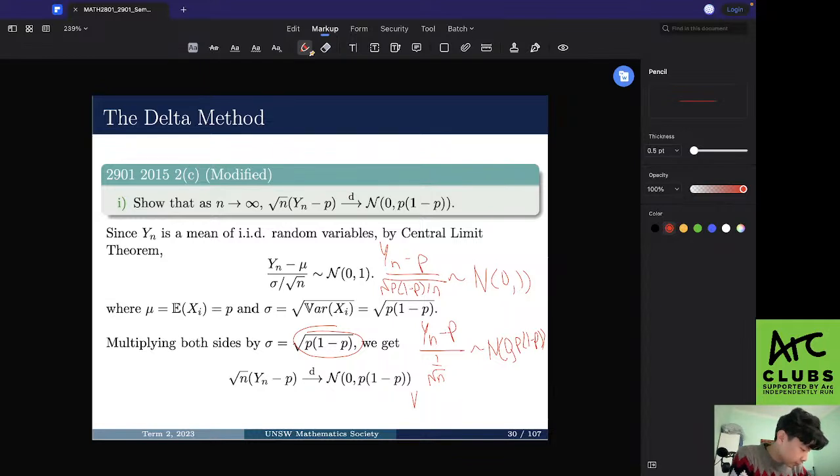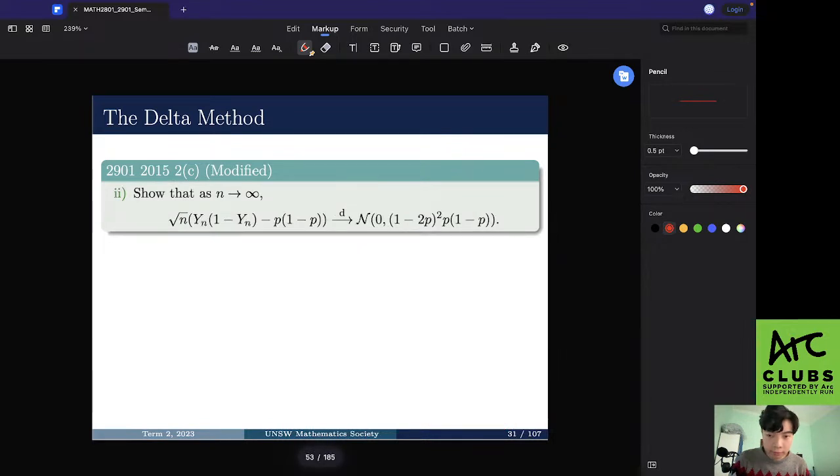And the reason is because the variance of root p(1 minus p) times, let's say, Z is actually just this constant squared, which is p(1 minus p) times the variance of Z. So now that we have this part, we just need to recognize that this is actually just a coefficient of root n, which is in front of what we have in the numerator. Pretty simple.